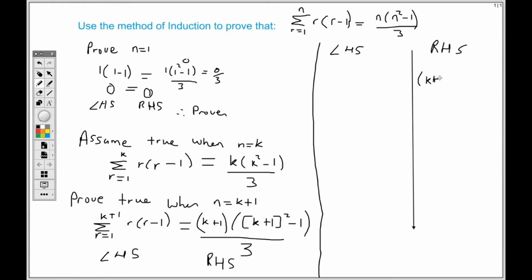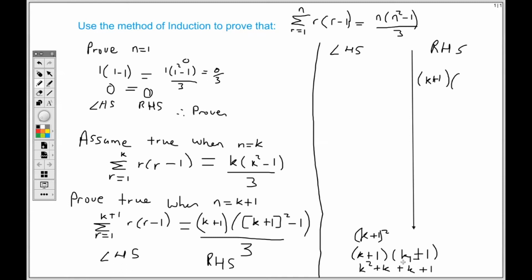Let's look at the right hand side. For the right hand side, I am going to rewrite it in a different form. The (k plus 1) all squared means k plus 1 times k plus 1. That's what k plus 1 all squared means. So I can expand this. Expanding it here, I will multiply k times k, that's k squared, k times 1, that's k, and then 1 times k gives me k, and 1 times 1 gives me 1.